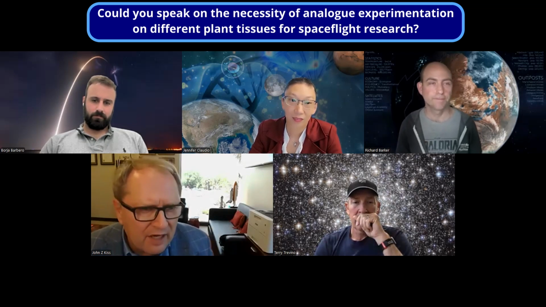Can I make a comment on Richard Barker's? Absolutely. So I'm really happy they did that meta-analysis because right now there's just tons of transcriptomics and they're deposited. I think he did a very valuable service, he and his colleagues. But to be clear, Richard, do you feel that despite all these different hardwares that are designed for specific things, a lot of it was brick, and brick really is not a great way to grow plants, right?